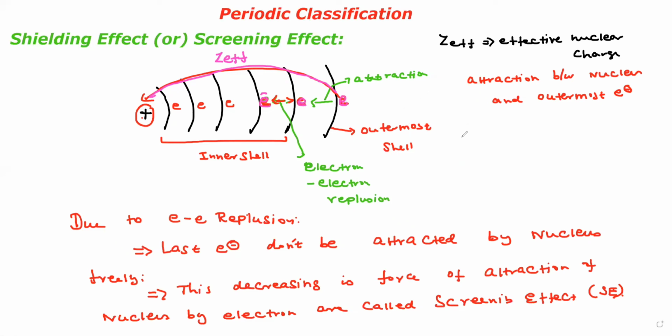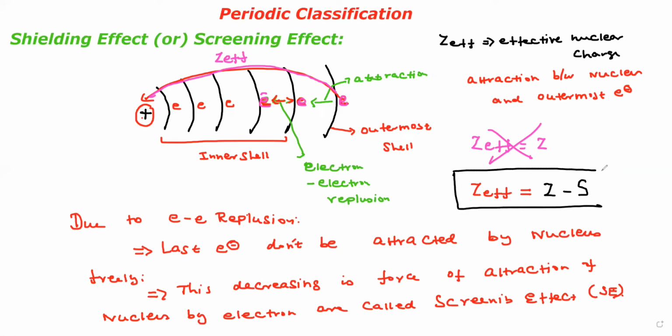Effective nuclear charge seems to depend upon atomic number, but that is not fully true, because the electron repulsion decreases it. Therefore the formula is Z effective equals atomic number minus S. What is S? Screening effect.